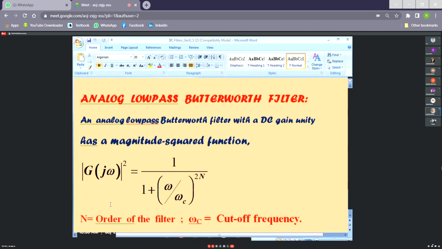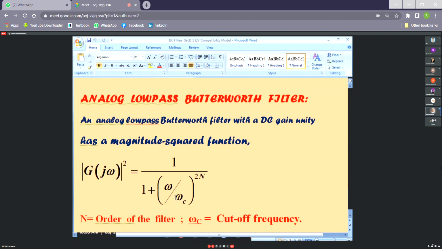Recall the magnitude squared transfer function of analog Butterworth filter. This is the expression, isn't it? Omega c is the cutoff frequency and capital N is the order of the filter. So what is omega c?